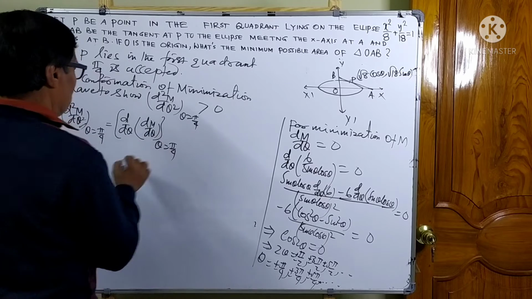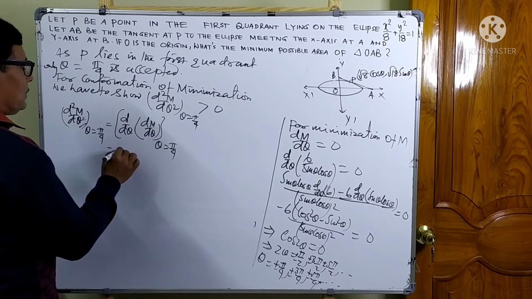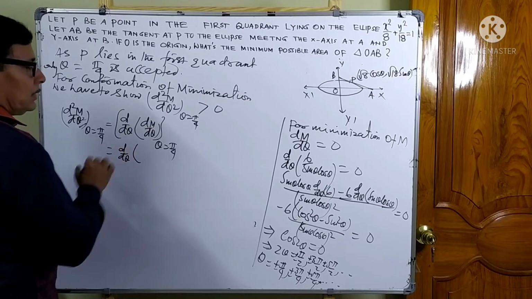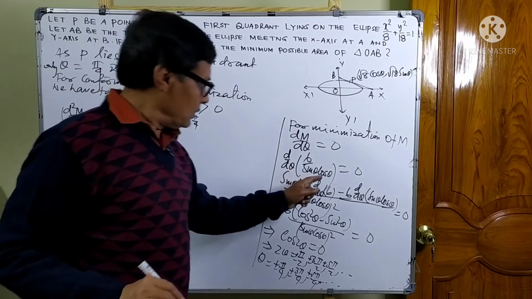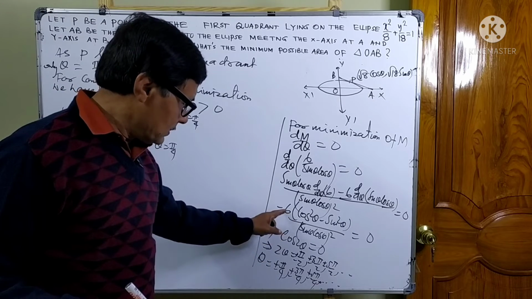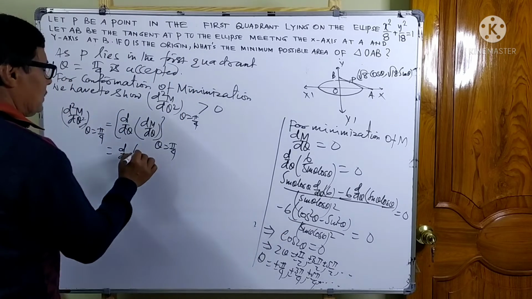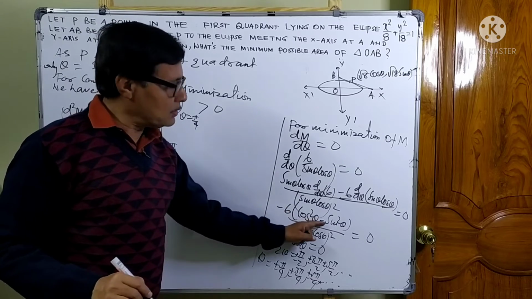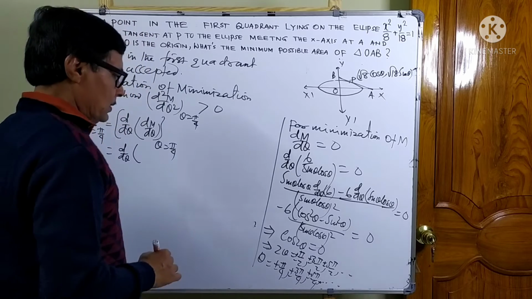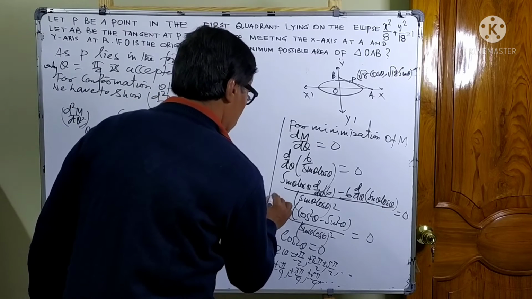This is equal to d d theta of dM d theta. We have got this result for dM d theta: minus 6 cos 2 theta over sin theta cos theta whole square. This is dM d theta.